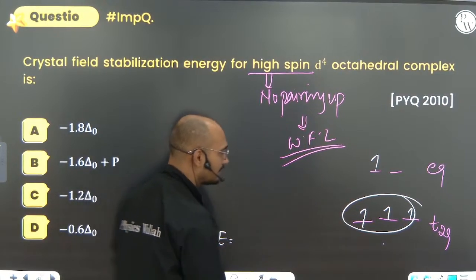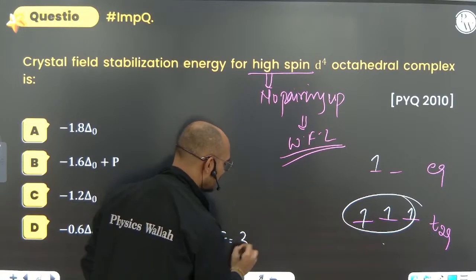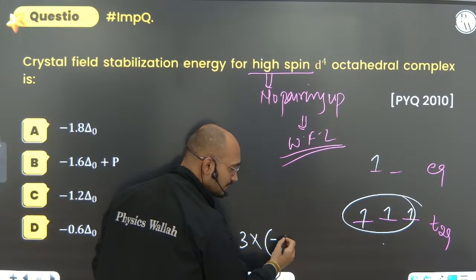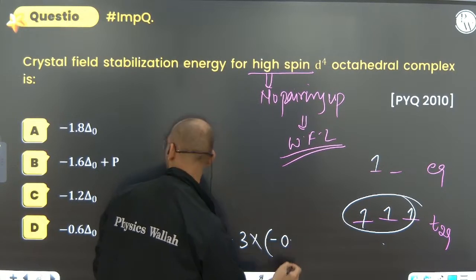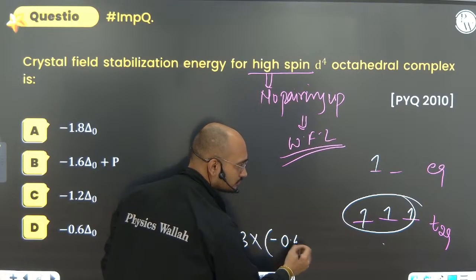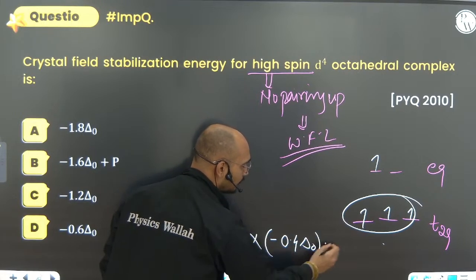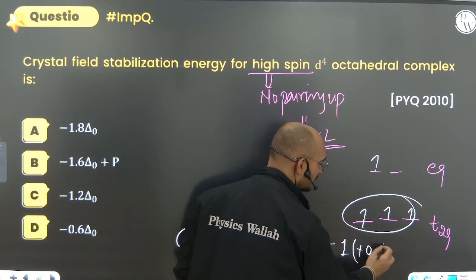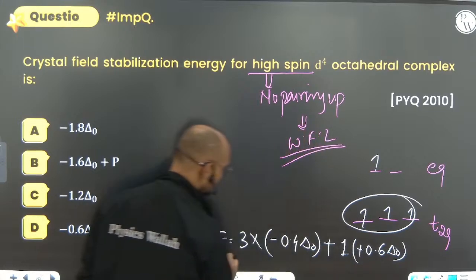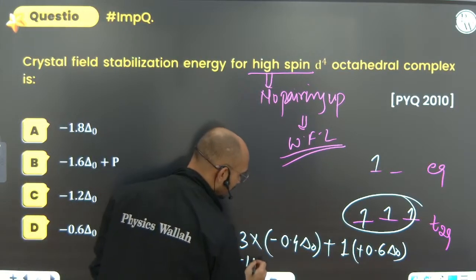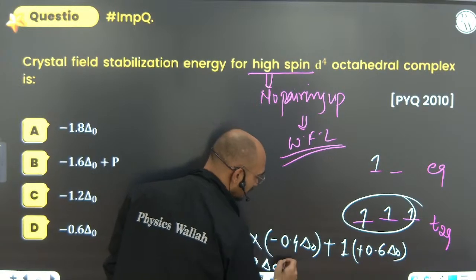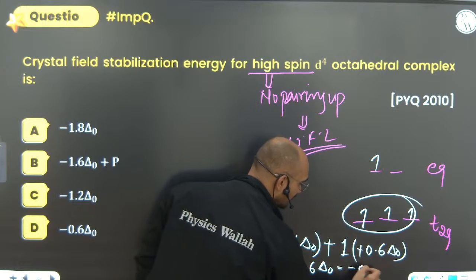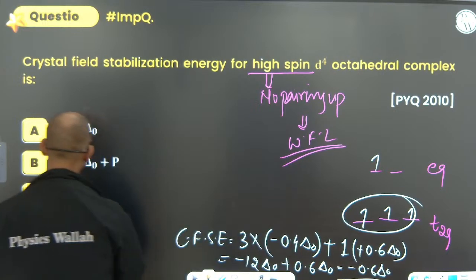CFSE will be equal to number of electrons in t2g orbital, that is 3, into t2g का कितना एनर्जी होती है, minus 0.4 into delta o, plus eg में कितने इलेक्ट्रॉन है, 1. इसके लिए कितना होता है, plus 0.6 into delta o. That is how much? 3 4 12, minus 12 delta o. यहाँ पे कितना हो गया, plus 0.6 delta o, it is how much, minus 0.6 delta o is the correct option. Where is minus 0.6?